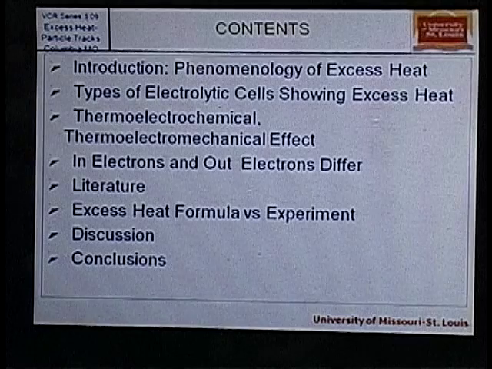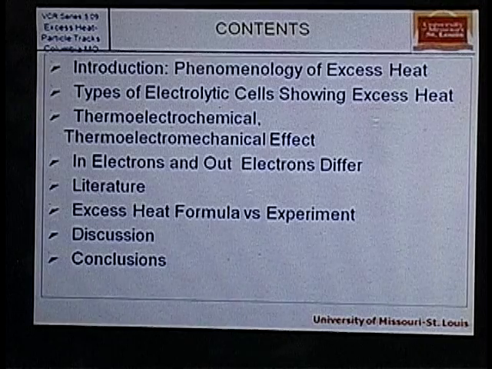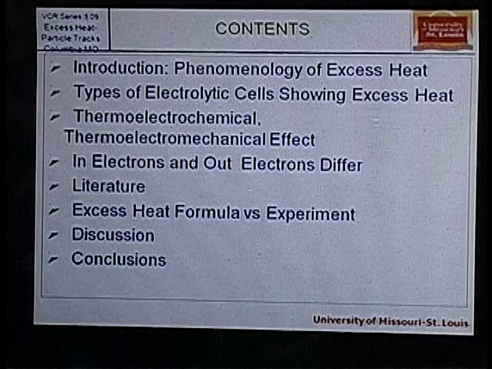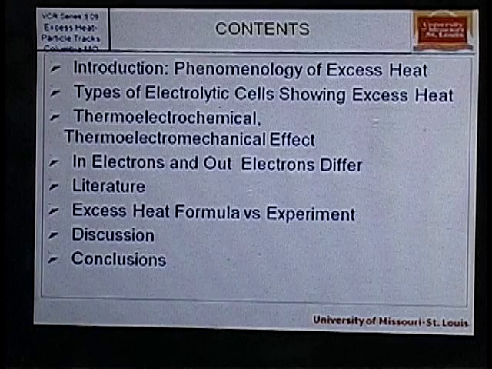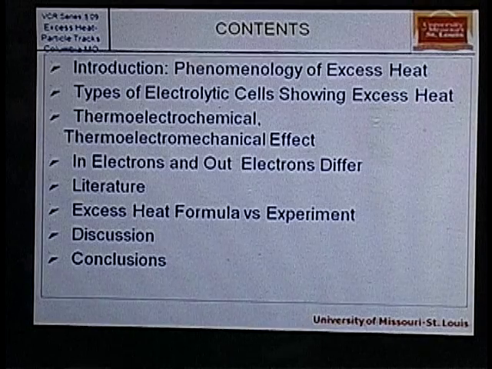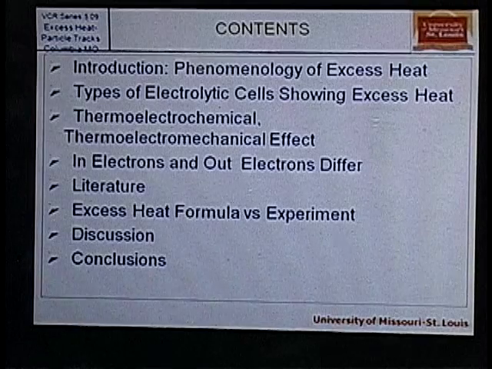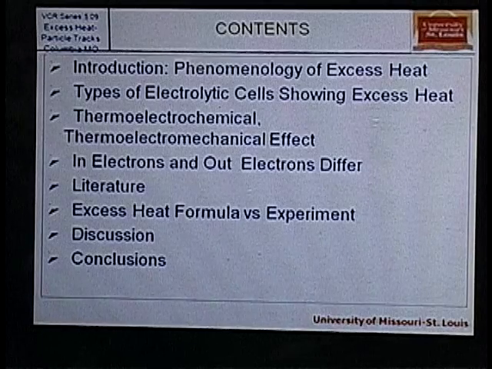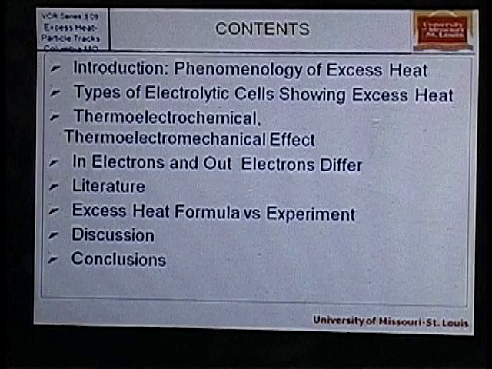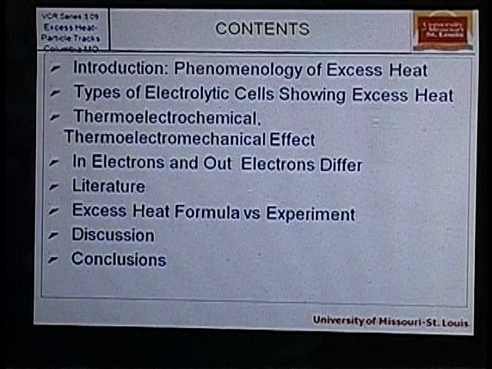And in the other cells, the ones with the circulating electrolyte, including also the Patterson cell, it's that thermoelectrochemical effect connected with, but also including, the effect which I call the thermoelectromechanical effect.